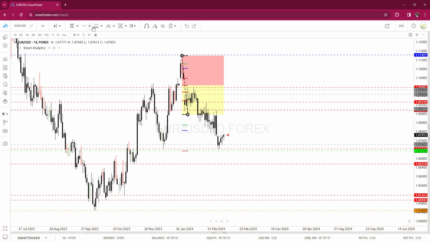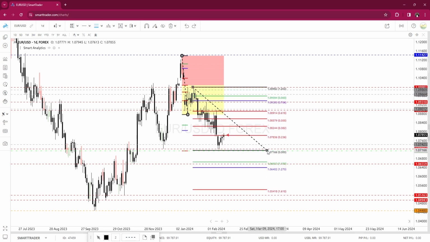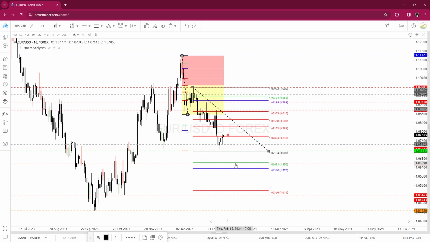So what happens is this pullback, so this C becomes the new A, and then wherever that low forms, we can base off of that low and wait for price to start to pull back into a deeper retracement to continue to the downside.